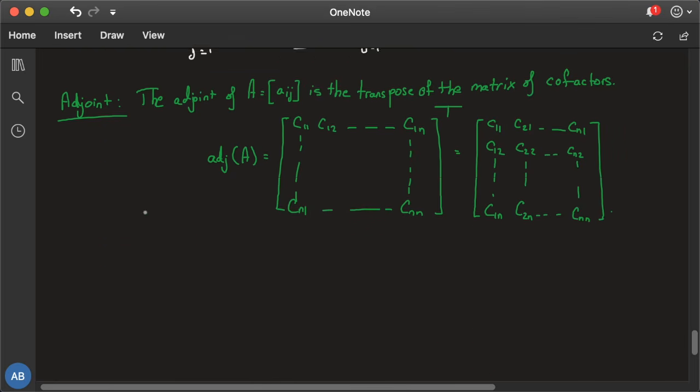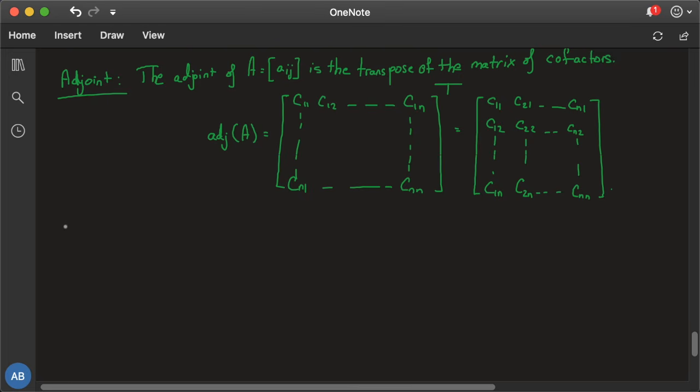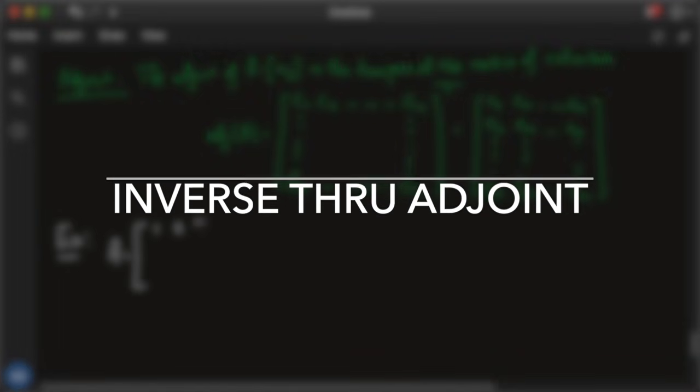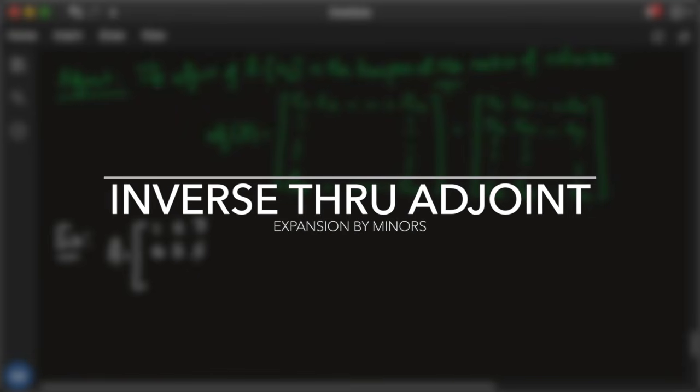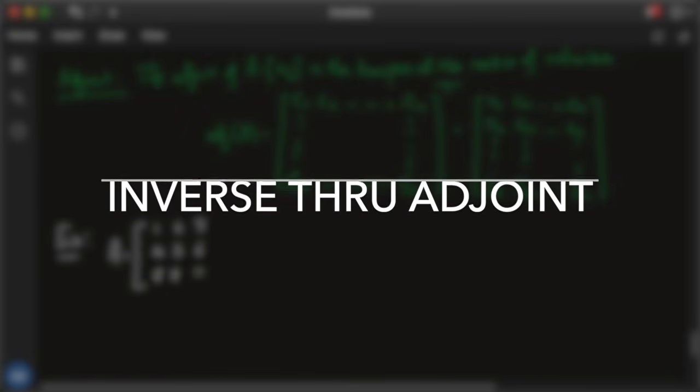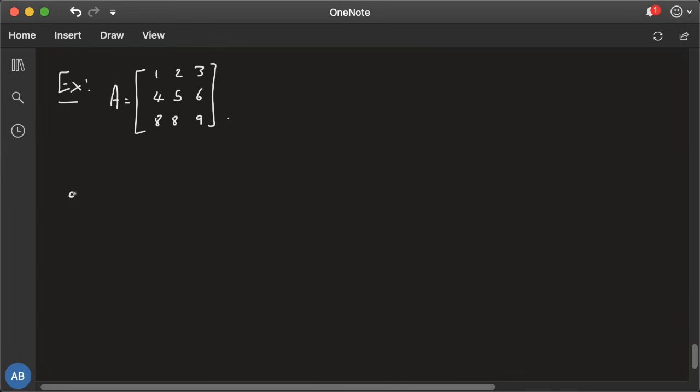An example on computing the adjoint would be, given the following matrix A, which is 1, 2, 3, 4, 5, 6, 8, 8, and 9. Using the definition, the adjoint of A is the transpose of the matrix of cofactors.